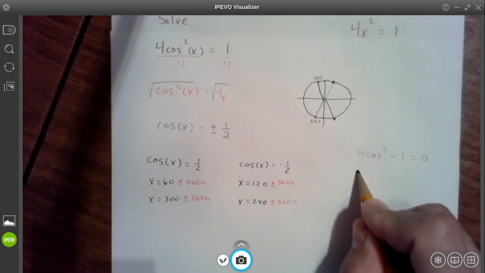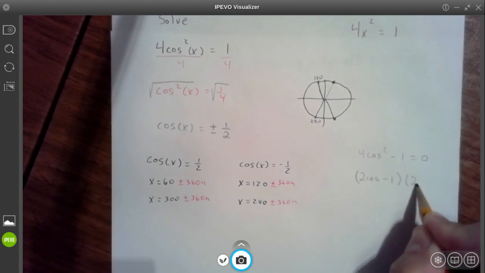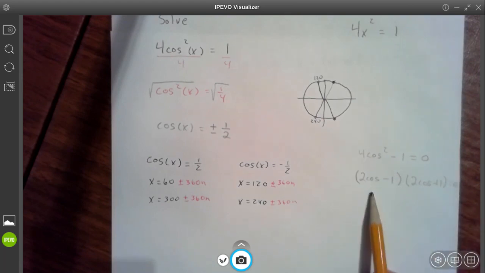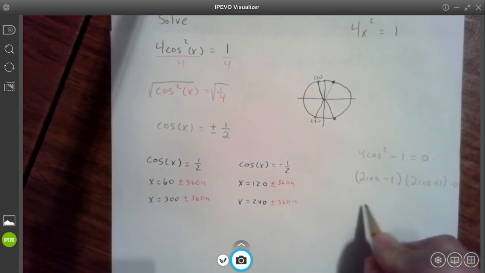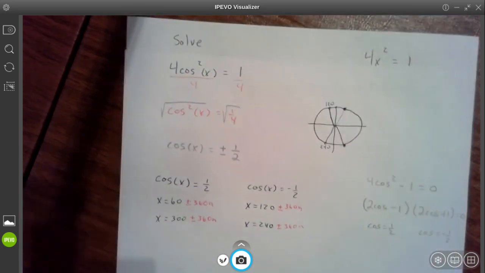I could have written this as 2 cosine x minus 1 times 2 cosine x plus 1 equal to 0. And then I would have set each one of these factors equal to 0 and then solved. This one right here would have given me cosine is equal to 1/2 when you move the 1 over and divide by 2, which resembles that. And then this one would have been your cosine equals negative 1/2. So there's multiple ways that you could have solved this particular equation.